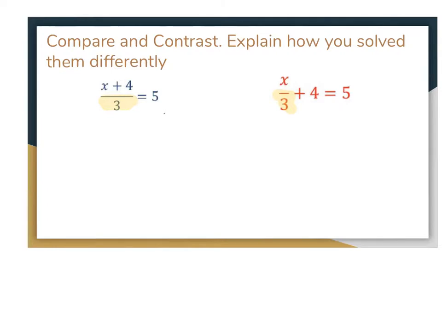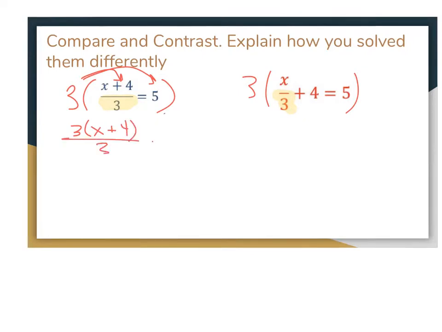So what's my common denominator? In both of them, they happen to be 3. So I'm going to multiply everything by 3. In this first problem, there's only 2 terms. The x plus 4 over 3, and the 5. So remember, what happens when we multiply the 3 times x plus 4 over 3, and then 3 times 5 is 15, those cancel out.